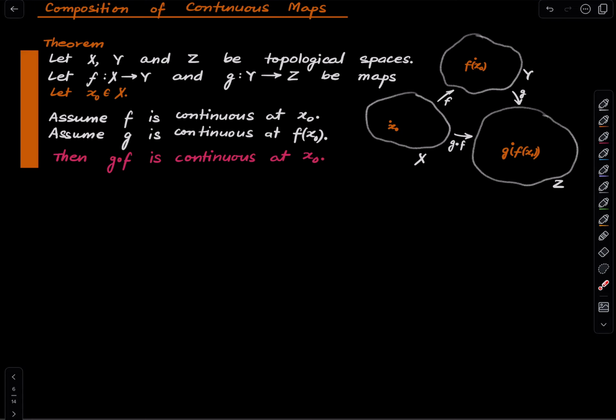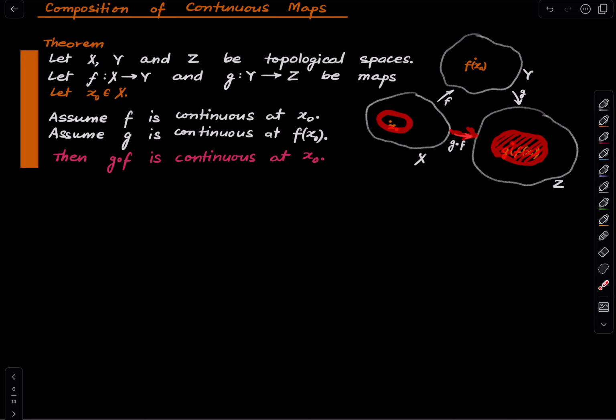We just follow the definition. You first choose some neighborhood of this point. Some arbitrary neighborhood has been chosen. We want to establish the existence of a neighborhood of x naught such that the entirety of this neighborhood gets mapped inside this chosen neighborhood under the composite function. That's what we need to do.